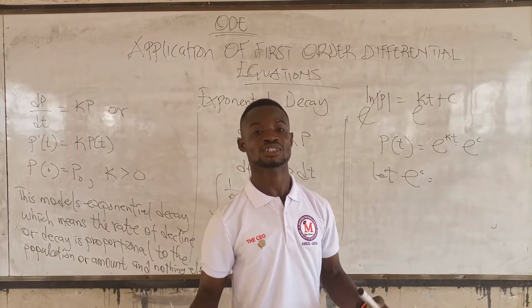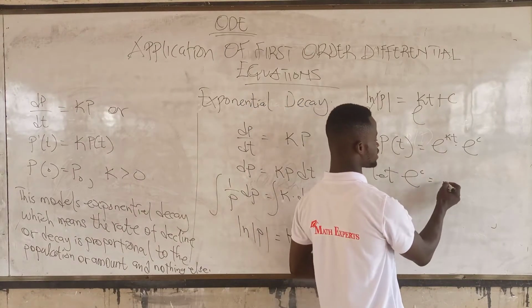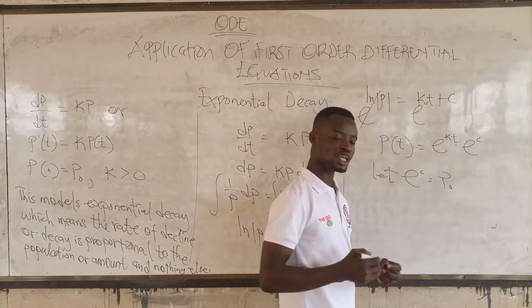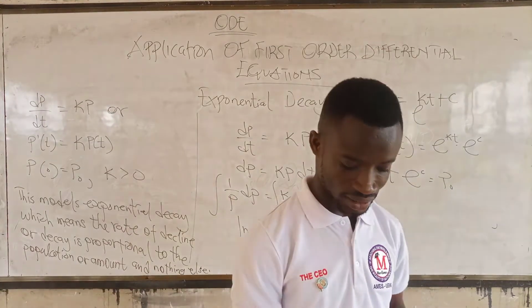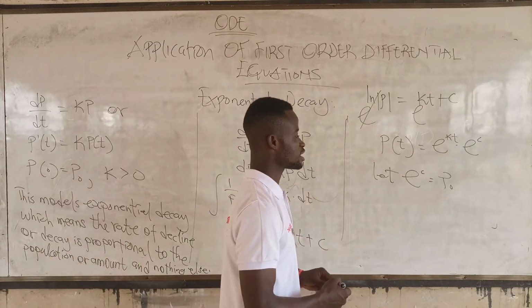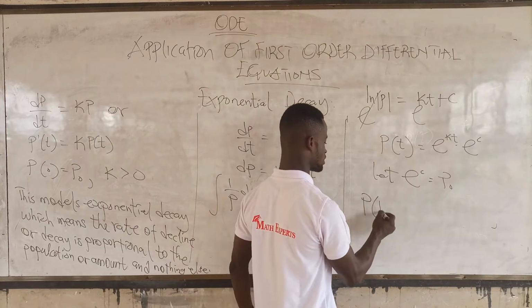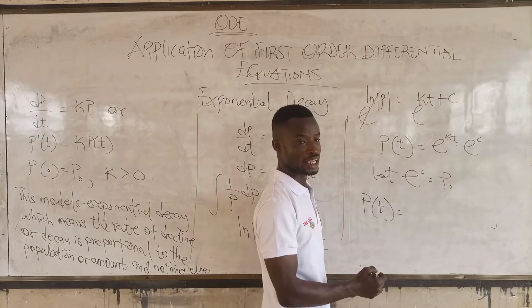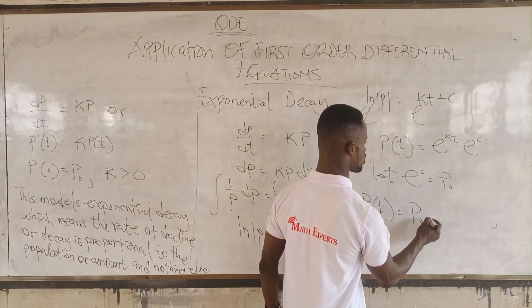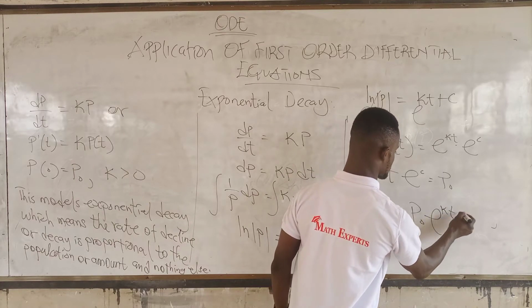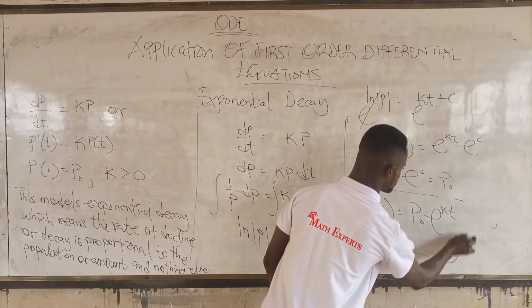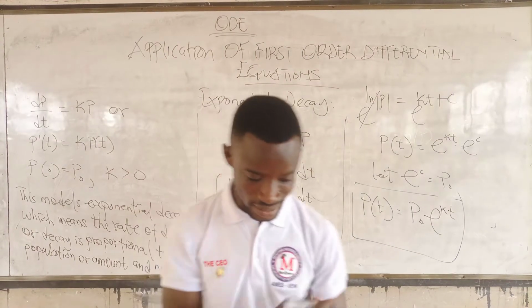A constant raised to the power of a constant is a constant. So we let this represent P naught. After representing this by P naught, the function is going to be P naught e raised to the power kt. Very good.